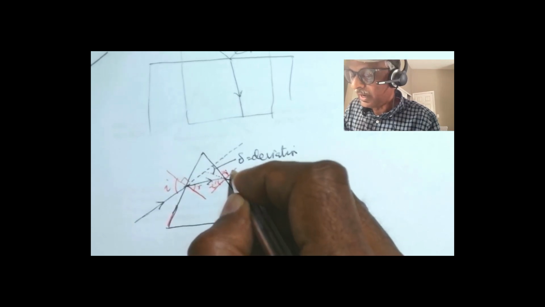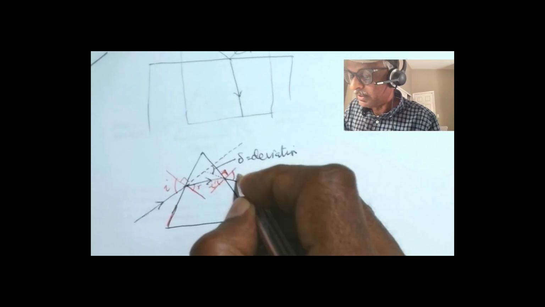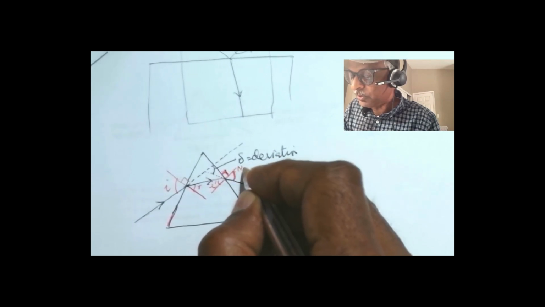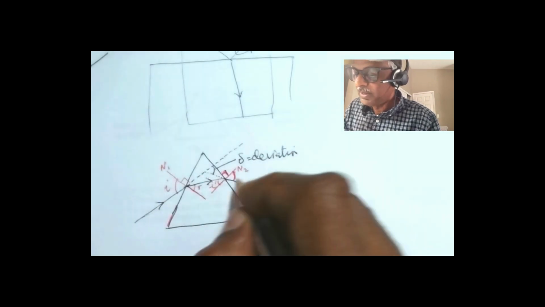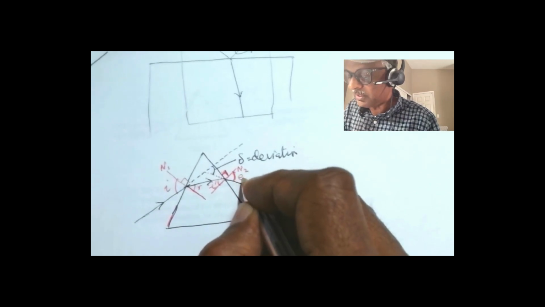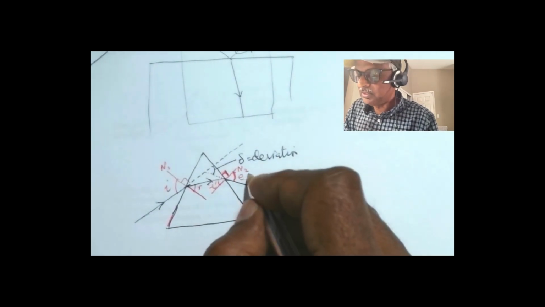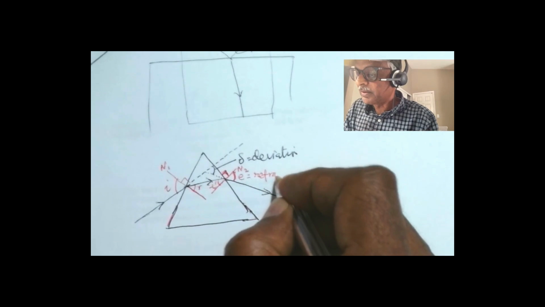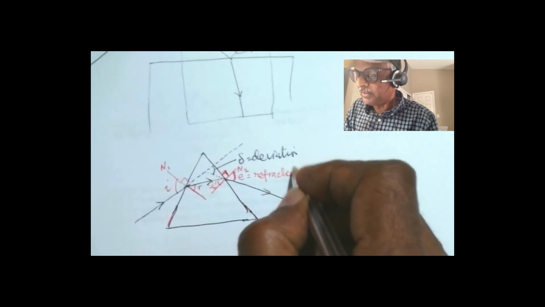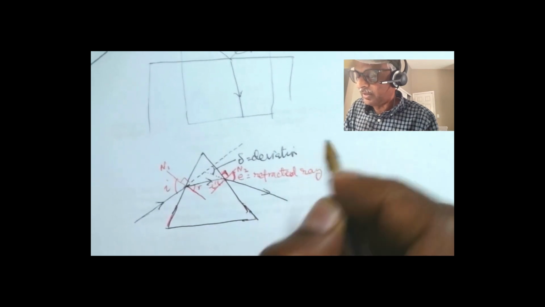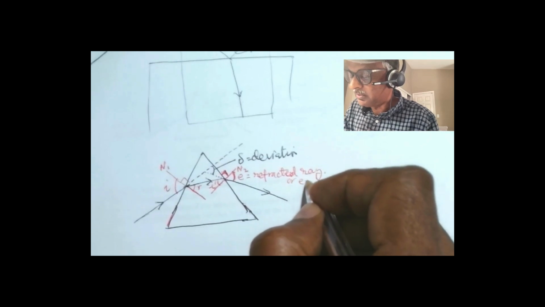And so this is normal 2, this is normal 1. This angle here is what is coming out. This is the refracted ray, our exit ray.